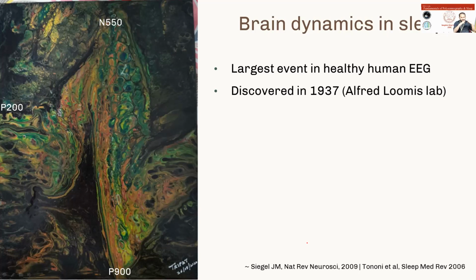In the N1 stage, you will see vertex waves. As sleep gets deeper and deeper, in N2 we will see K-complexes. And if you remember from Dr. Gulshan's lecture, when K-complexes occupy more than 6 seconds of the stage, you call it N3. So vertex waves become K-complexes, and then K-complexes slowly transition to slow waves.